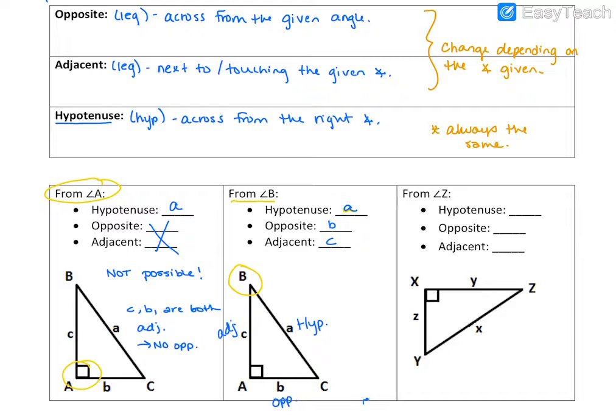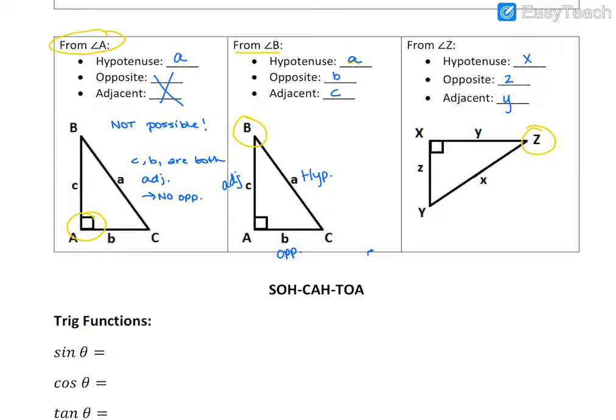Go ahead and pause the video and try to do the last example on your own. So you're going from angle Z, find the hypotenuse, opposite, and adjacent. Go ahead and pause the video and do that now. Take a look at what you came up with versus what I came up with. How did it go?